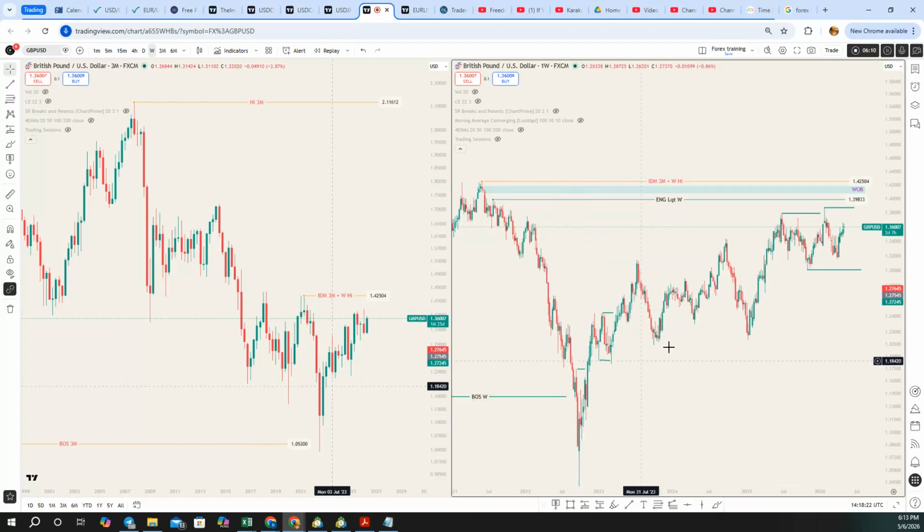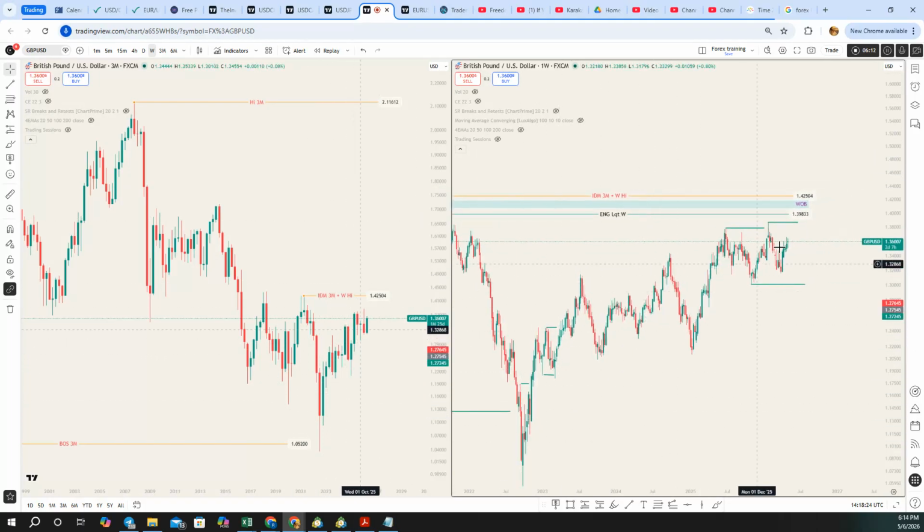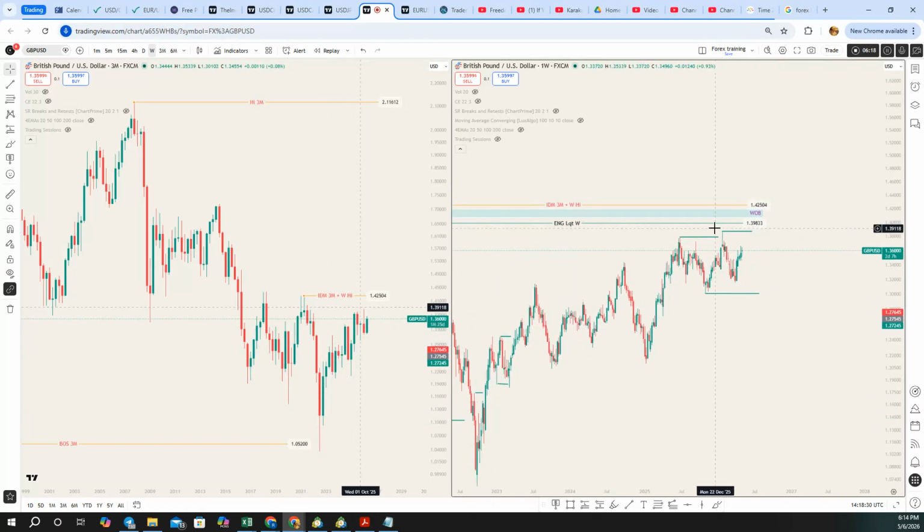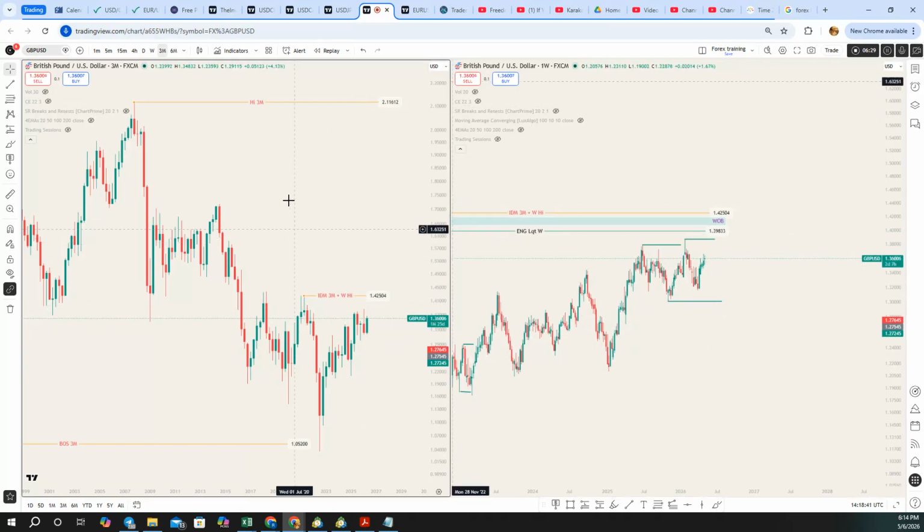Now, internally, we are dealing with the weekly structure as a bullish structure until it reaches one of these points, and we will see what kind of reaction, if any, will happen, and we will deal with it as such. So this is the weekly.